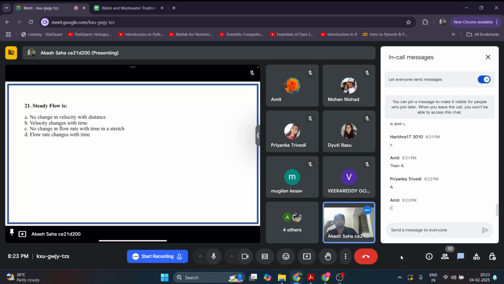C, yes, so it will be C, no change in the flow rate with time in a stretch. So if the flow rate is not changing with time, it's a steady flow.